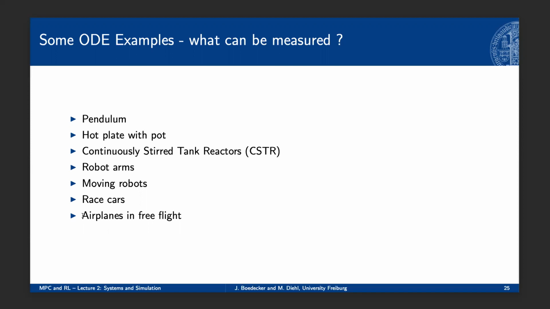But for example, for an airplane, there would be no direct sensor that tells you in which orientation your airplane is, right? So this one you can only infer from measurements of your IMU, maybe from knowledge about your trajectory and so on. So just to get some examples.